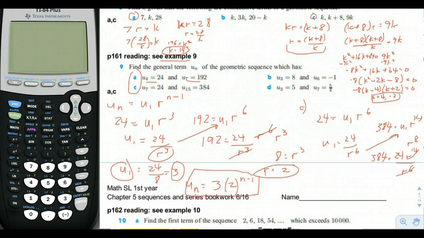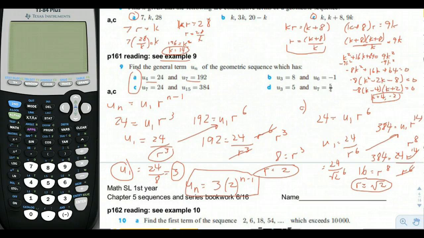And 384 divided by 24 is equal to 16. So that would be 16 equals r to the 8th. And the 8th root of 16 is square root of 2. So r is square root of 2. u1 is equal to 24 over square root of 2 to the 6th.